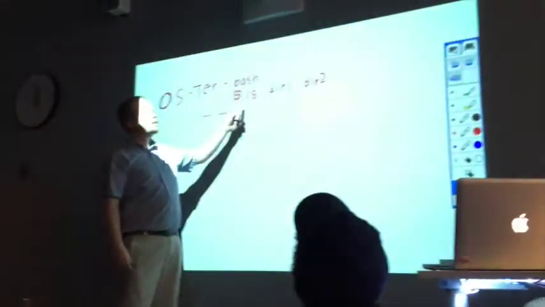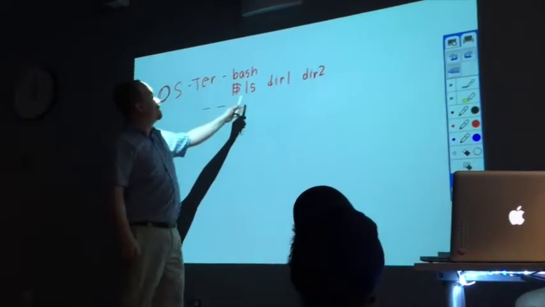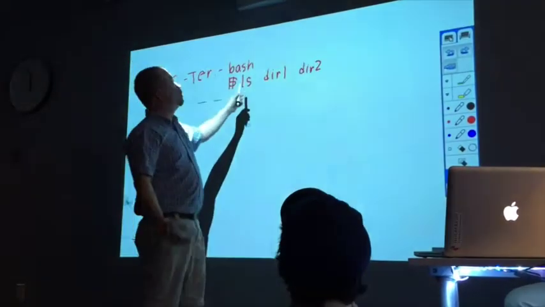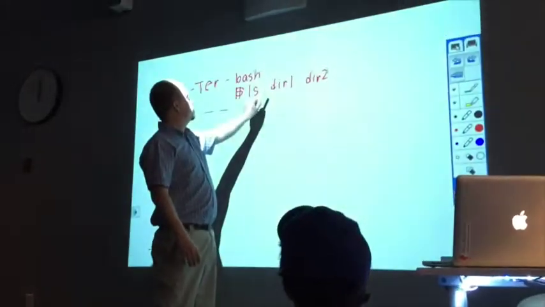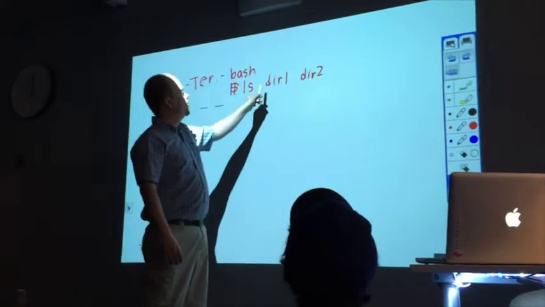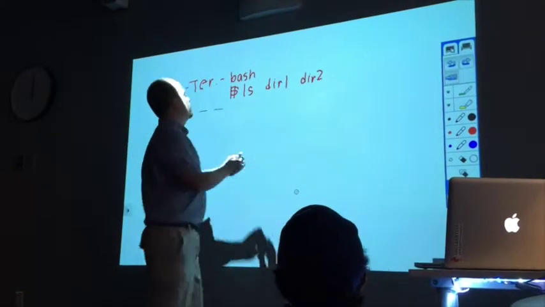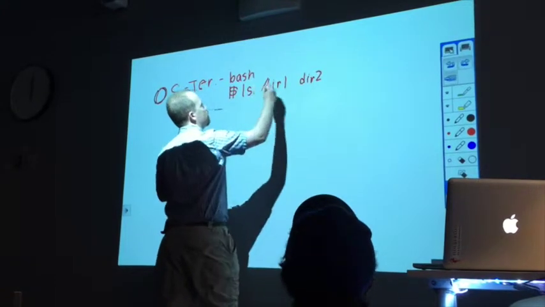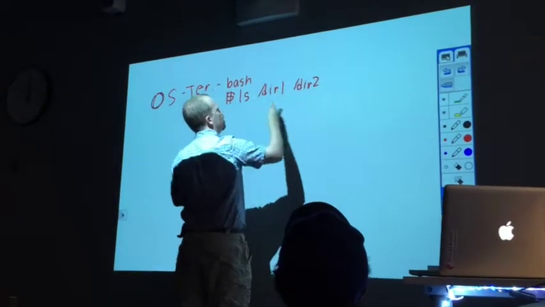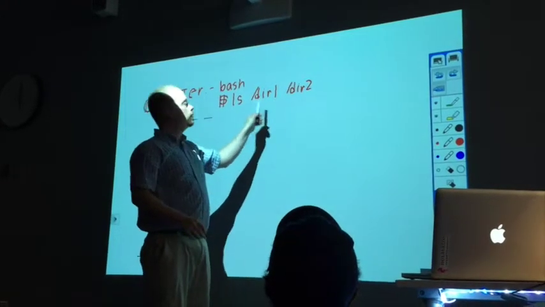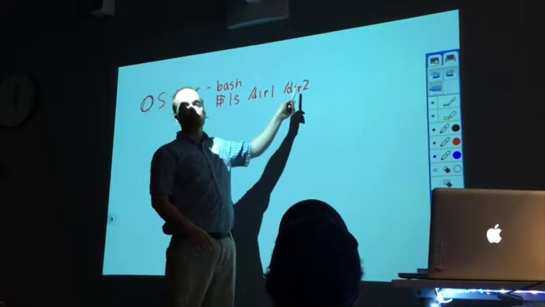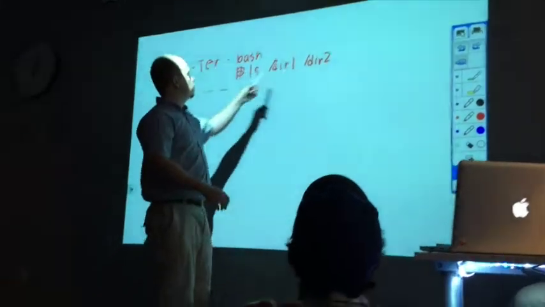It looks at the first letter and says, that's a letter. Looks at the second one, that's another letter, well, a character. Spaces are special characters. So the space, it says, okay, that's a word there. Then it moves down. It looks at the directory. It recognizes it's a directory by the fact that it has a slash. Another space, so that's a second word. Okay, it's got a slash, it's another directory. So it's got 3 words.